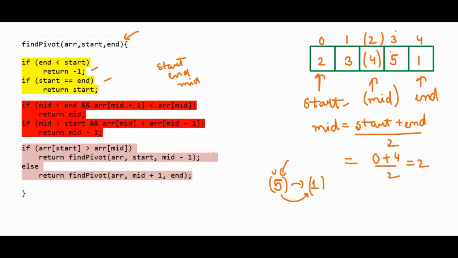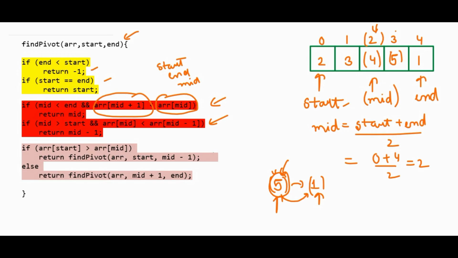So these are the conditions that are written here, that if our mid element is a pivot element, then array of mid should be greater than array of mid plus 1, right? If this is array of mid, this is array of mid plus 1, so it should be greater. So let's check for 4. If array of mid plus 1, which is 5, is greater than or less than 4. It is greater than 4, so this is not a pivot element, right?